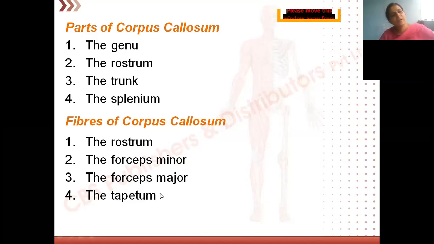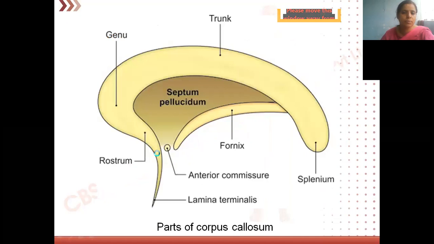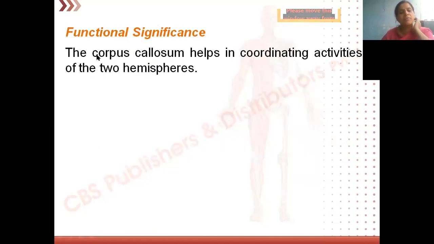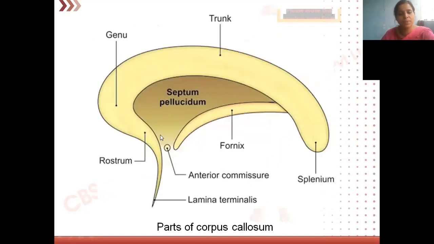And there is one more connection further behind the splenium; the last part you will see is the tapetum. So these are all connecting fibers, and they are given special names in the corpus callosum. The functional significance of the corpus callosum is that it helps in coordinating the activities of the two cerebral hemispheres.